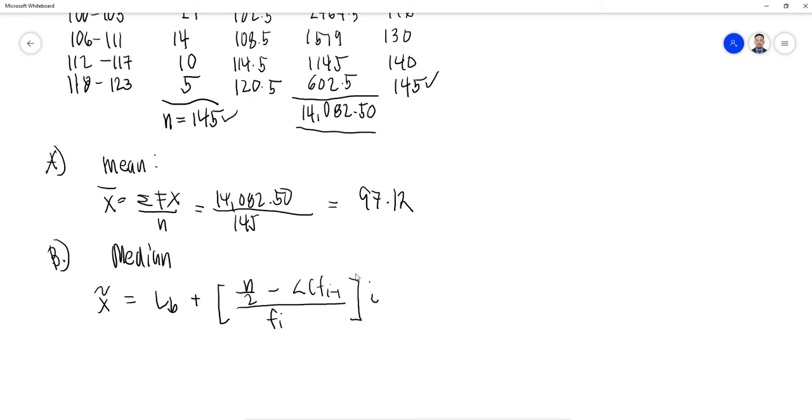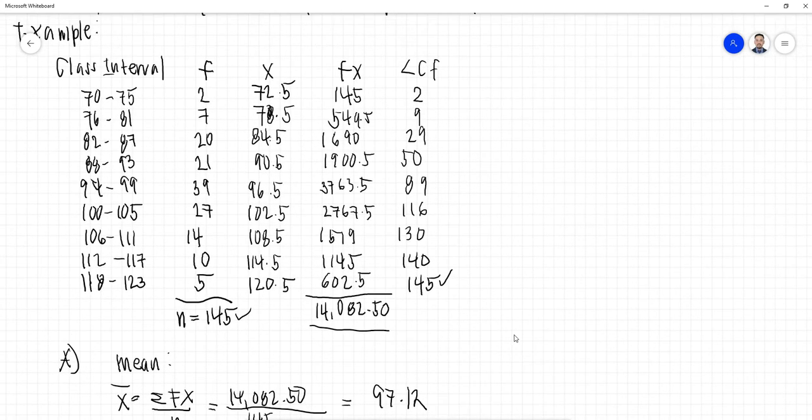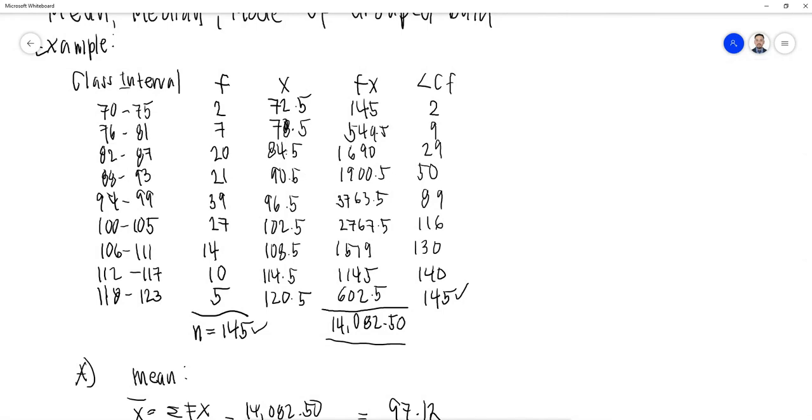So we get first the lower class boundary of the median class, referring to our table. Take note of the formula n divided by 2. N is 145 divided by 2 will give us 72.5.